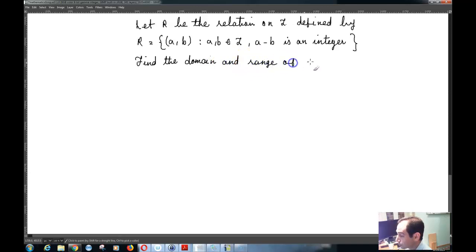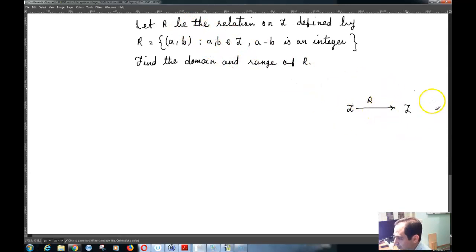Okay. So over here, if R is the relation on Z, meaning that you have the set of integers going to the set of integers, and that is R. So you can imagine that you have all of these ordered pairs going from every member of the set of integers to every other member of the set of integers, and even to that member itself in the other set.